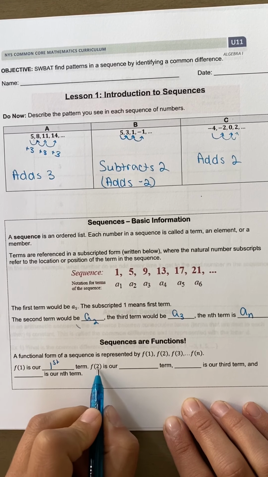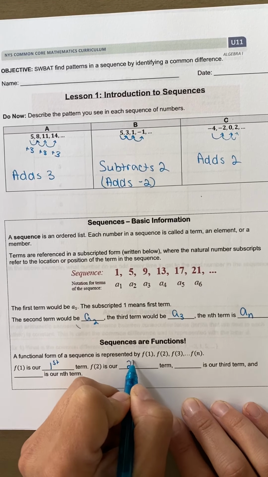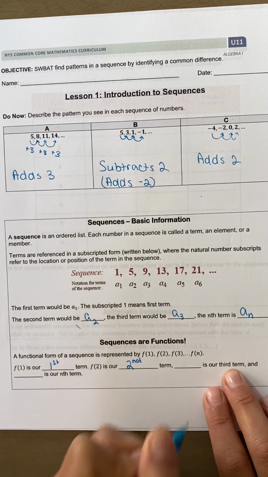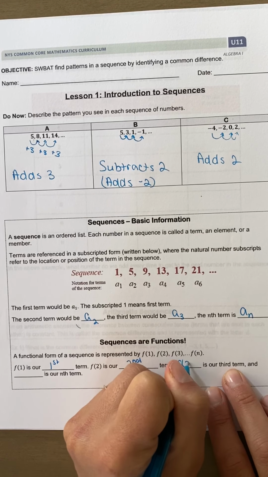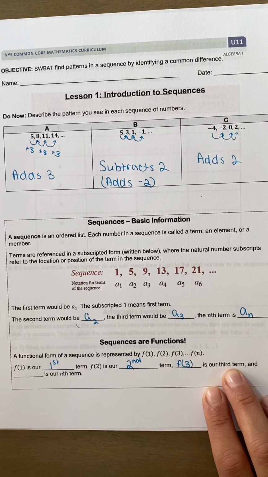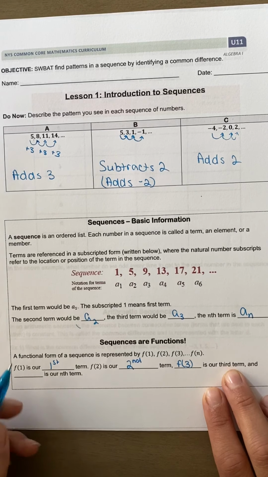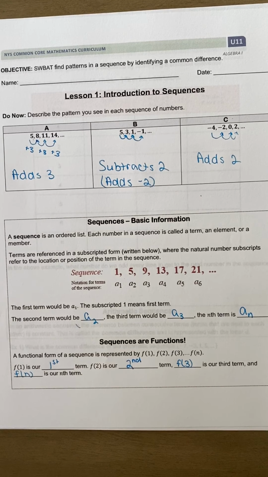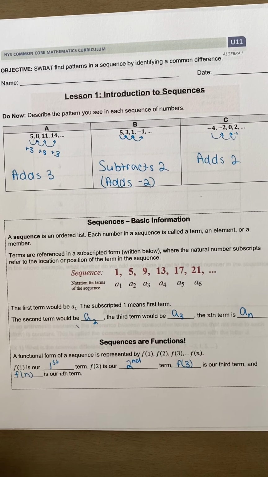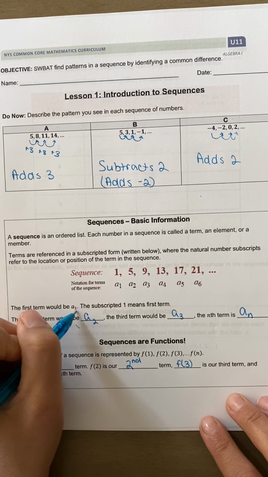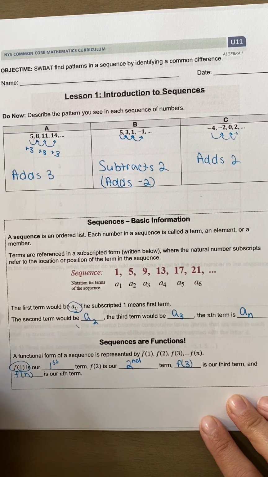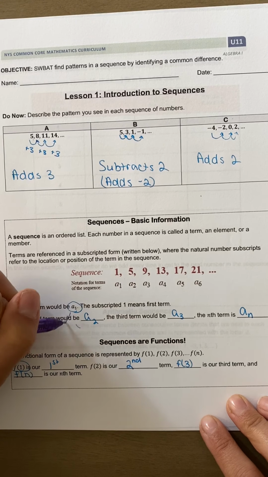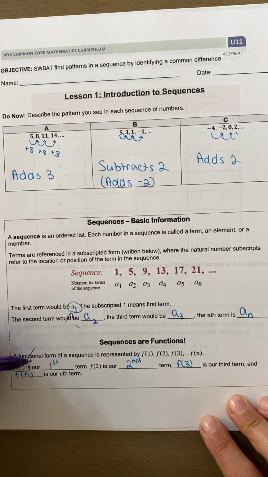F of 2 is our second term. Our third term is going to be represented by F of 3. And our nth term is going to be represented by F of N. Okay? So I want you guys to realize that A sub 1 and F of 1, these right here are synonyms of one another.